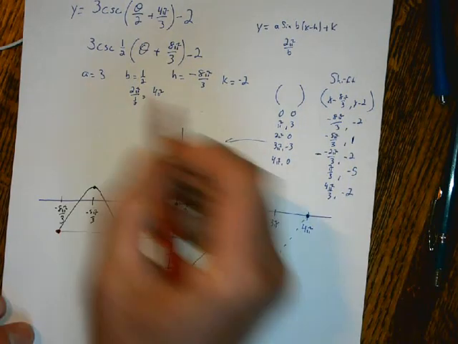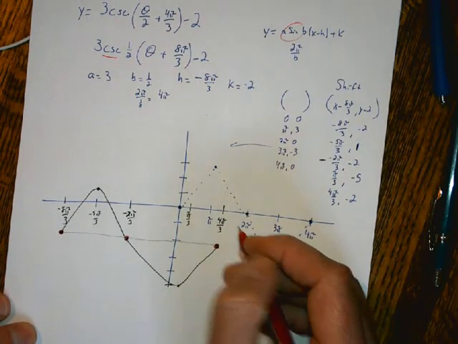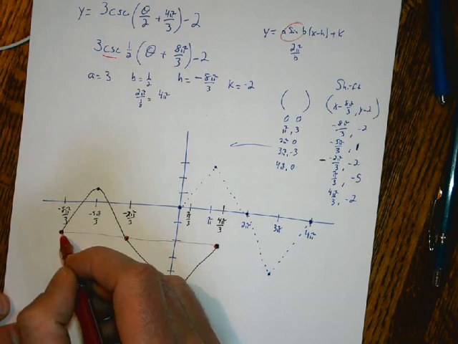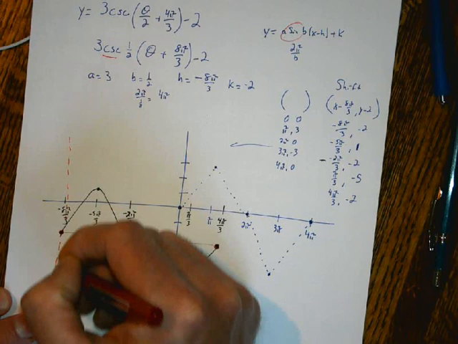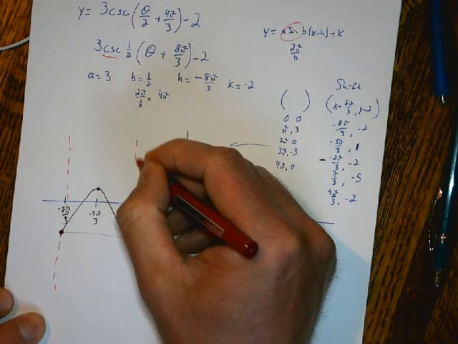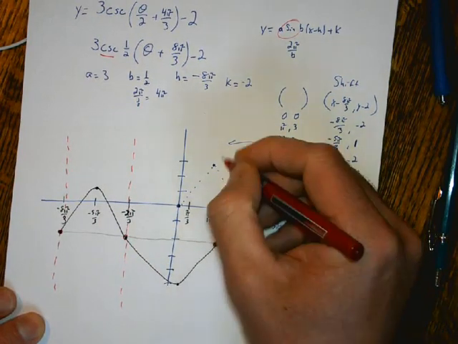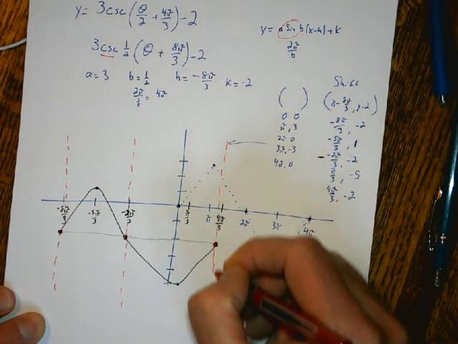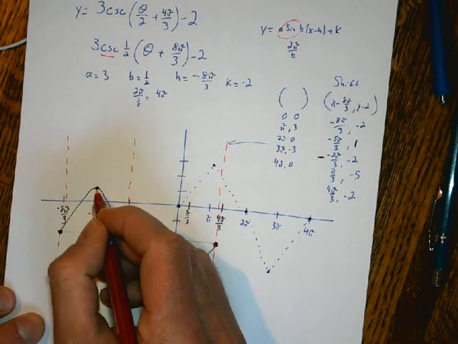Since cosecant is the reciprocal of sine, if this is 0 for sine, that means it's an asymptote for cosecant. This is a 0 for sine, which means it's an asymptote for cosecant. This is another 0 for sine, which means it is an asymptote for cosecant. Think of this as the 1.